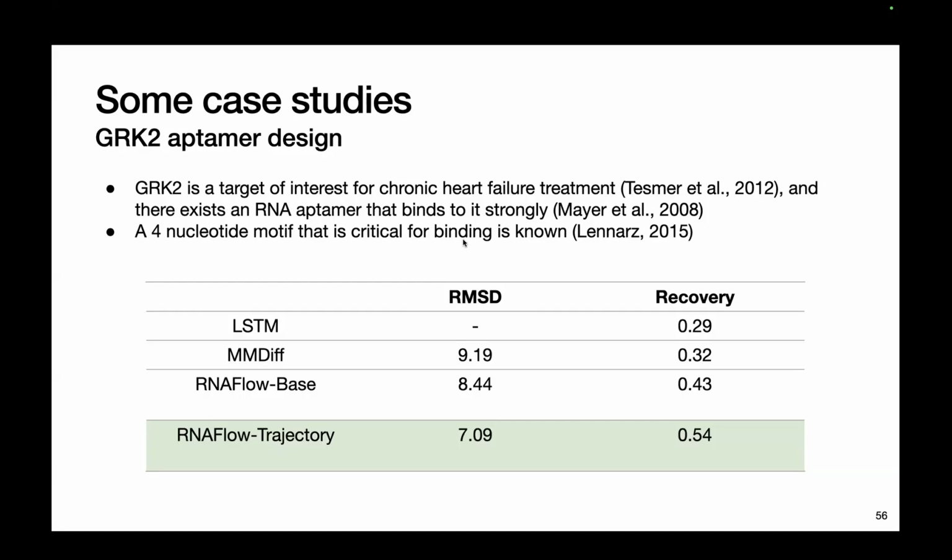And you can see that this RNA flow trajectory gives us a recovery. Here the recovery is how many of those design sequences contain that 4 nucleotide motif, right? We have about 54% of the design sequences that contain that critical binding motif, without telling the model that it has the motif.